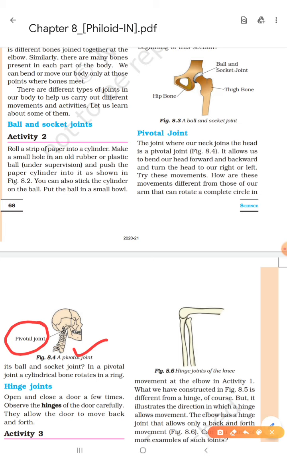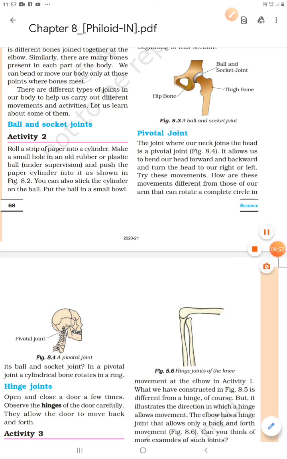In all directions we can bend our head, forward, backward, to our right and to our left. This can be done with this joint, and this joint's name is pivotal joint. Now let's discuss another type of joint.